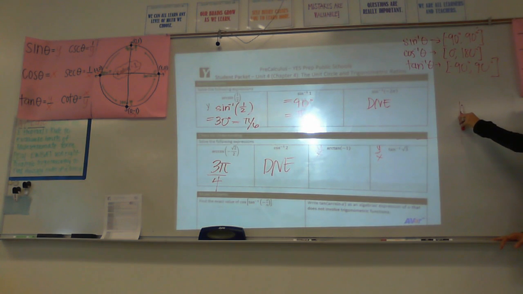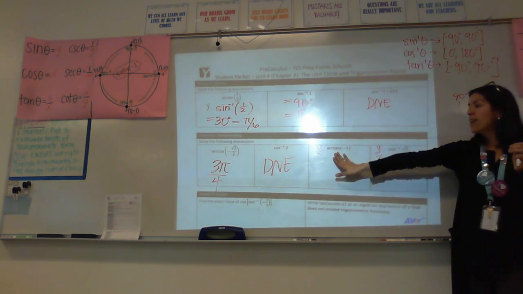I go up to the y-axis. -90, I go down to the negative y-axis. So it might say 270 on your circle, but a coterminal angle to that is -90 degrees. So here's what's interesting. When I'm dealing with inverse sine and inverse tangent, it's simply quadrants 1 and 4 that are relevant to me. Those are the ones that meet this restriction up here.